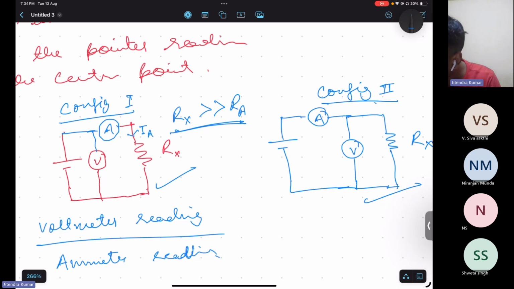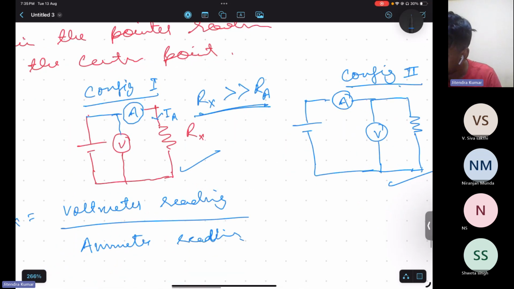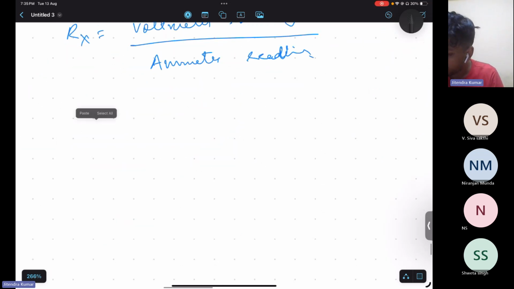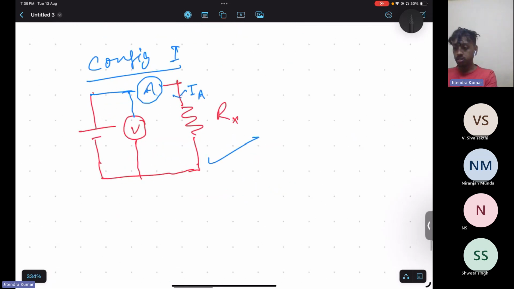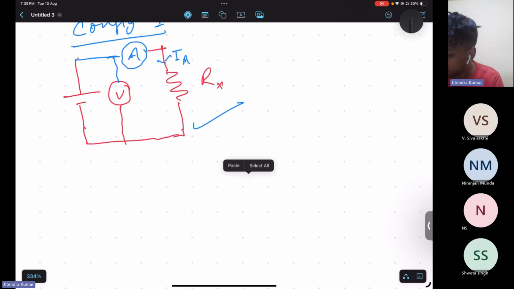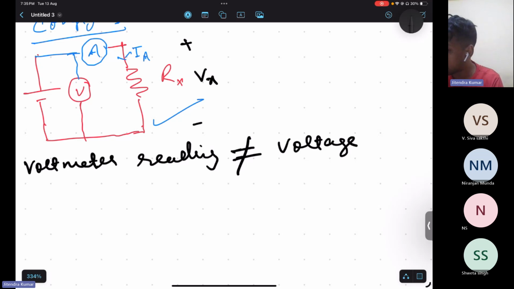So in configuration one, the voltmeter reading will not be equal to the voltage of Rx, Vx.